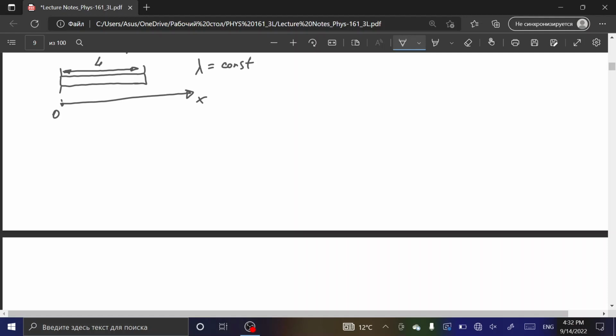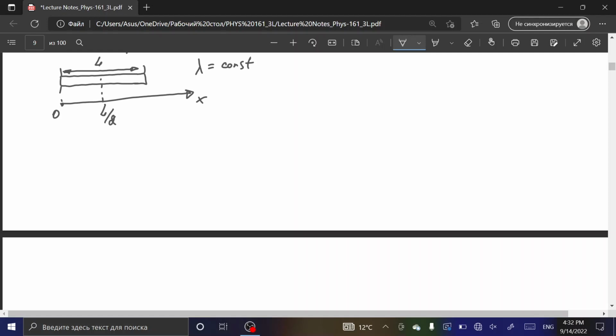Since we have a symmetric case, if we divide this rod in two pieces, two halves, they will be identical, so the center of mass will be in the middle. So that's our intuitive suggestion, which makes sense, but let us do it quantitatively. So we assume that the center of mass should be here.